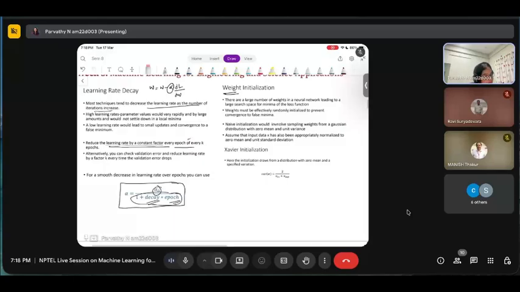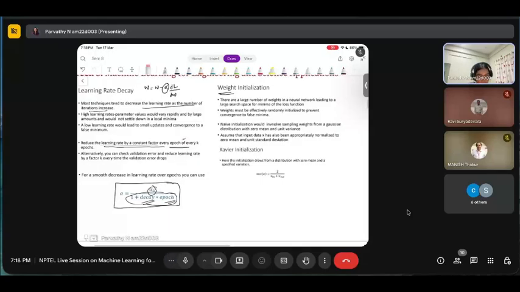So then, weight initializations, I was talking about the naive approach. In the naive approach, we select sample weights from a standard Gaussian distribution, which will have mean 0 and variance 1.